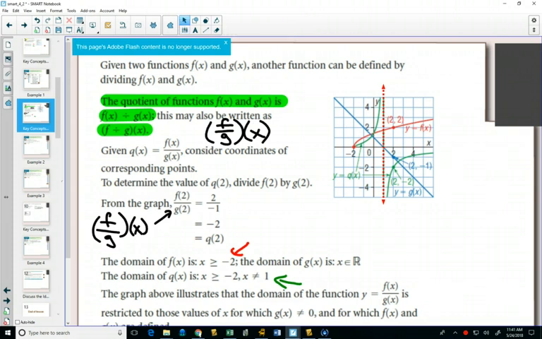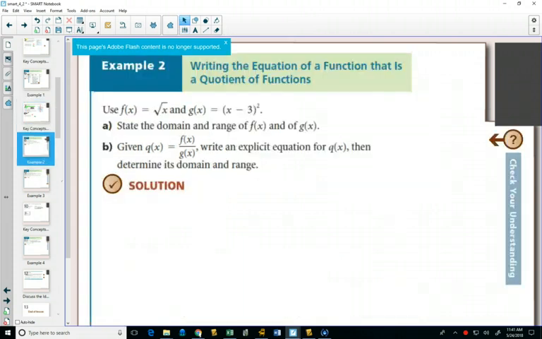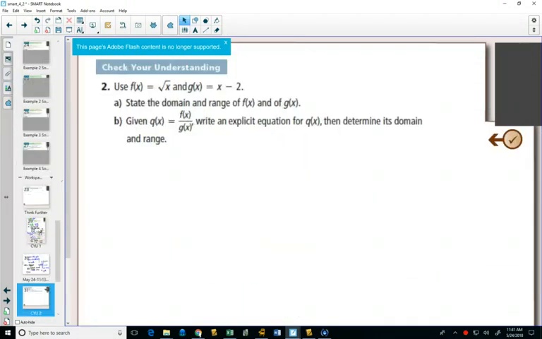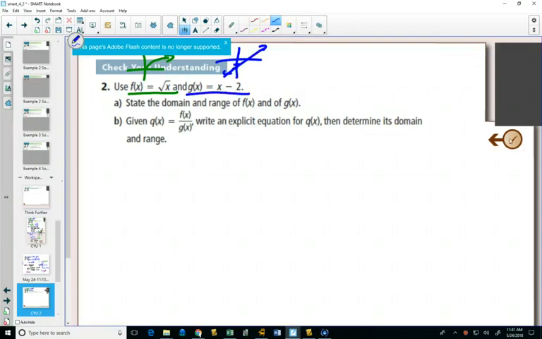So when we go to example 2 to work on this, use the graph of f of x, which we'll do in green. Just a reminder, square root graph looks like that. And g of x, which is a straight line like that. State the domain of f of x and g of x.